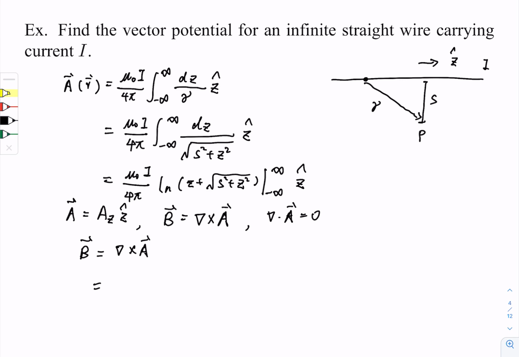If we define a circular loop that circles this straight wire, we know that this B field is along the azimuthal direction, the angular direction phi. And now this B field must be written as del cross A. If we write down this del cross A in the cylindrical coordinates, we get the expression here.